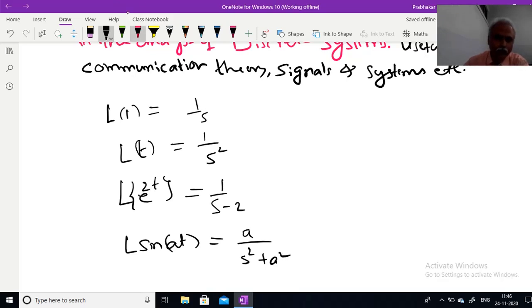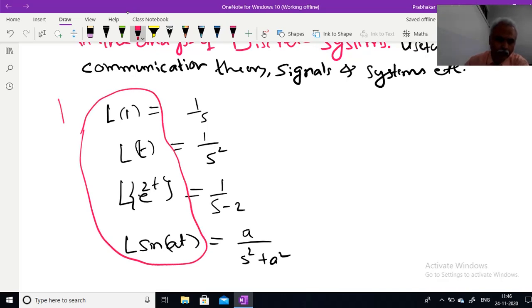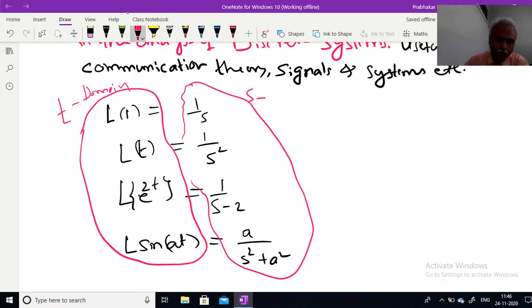What is happening? See, dear students, on the left hand side we have the t domain. On the right hand side we have the s domain. In technical language, these are known as time domain and frequency domain.